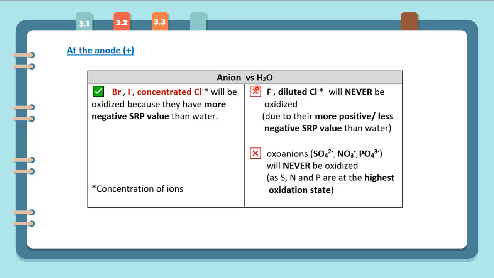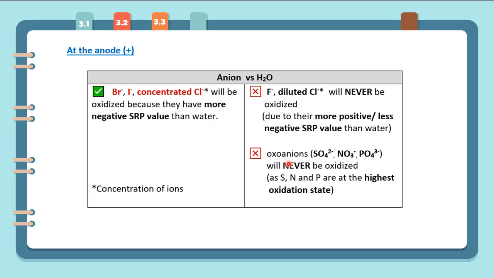And if you have these anions compared with water, for example, fluoride ion, diluted Cl minus, they will never be oxidized. Because F minus has a more positive value, we don't want that one. And Cl minus is because of the factor of concentration, so we don't choose diluted Cl minus. We choose H2O instead.